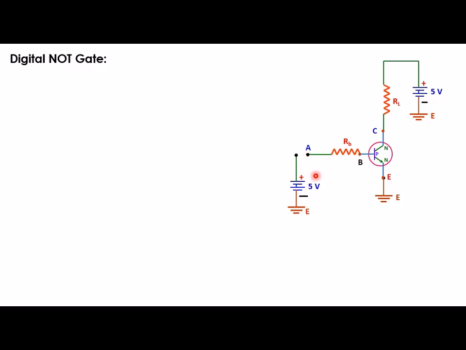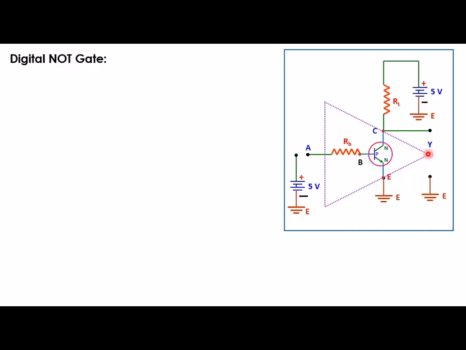That provision is there in the input, and the emitter terminal is directly connected to the ground, and we are tapping the output from the collector terminal to the ground. Now this is the NOT gate, and the symbol for the NOT gate is this one, a triangle, and at the tip of the triangle there is a small circle. So let us discuss the cases.